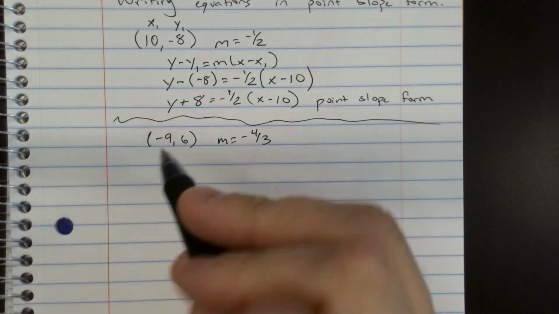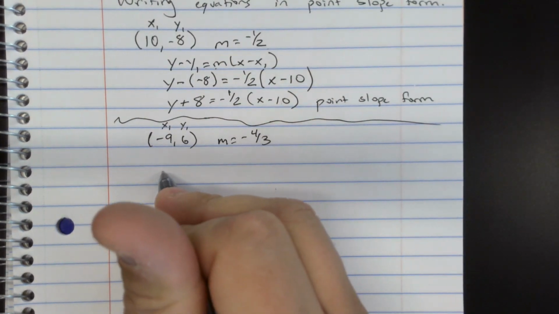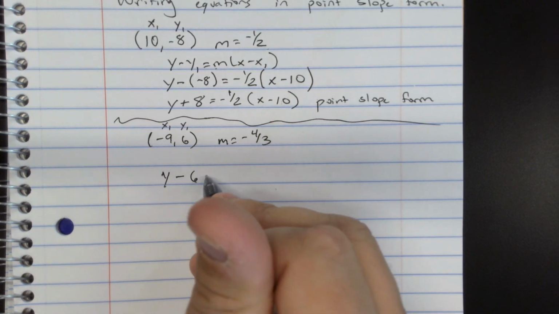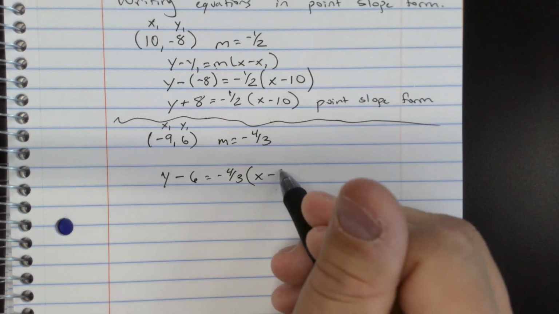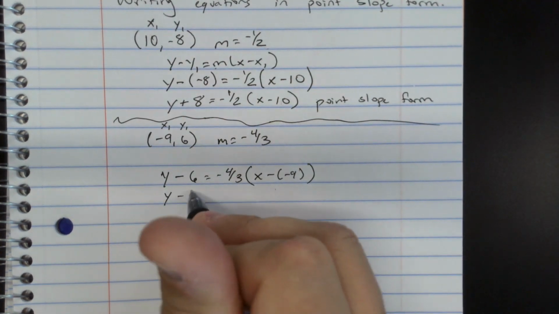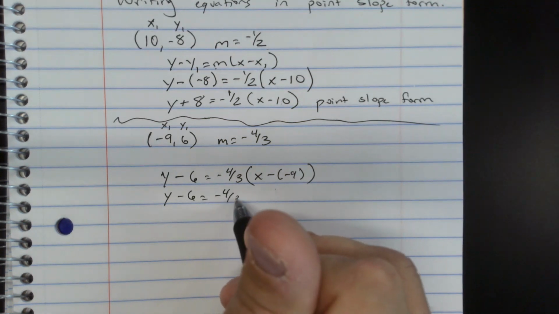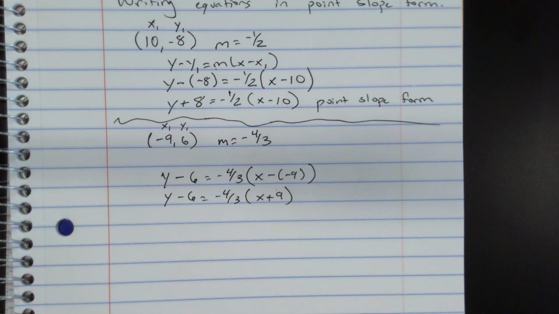All right, so this is our x1 and our y1, right? So we're going to have y minus 6 equals negative 4/3 times x minus a negative 9, correct? So we're going to have y minus 6 equals negative 4/3 times x plus 9. And there's your answer. Who got that right?